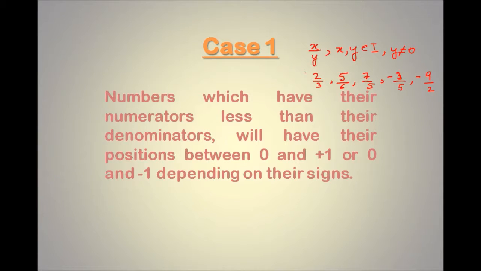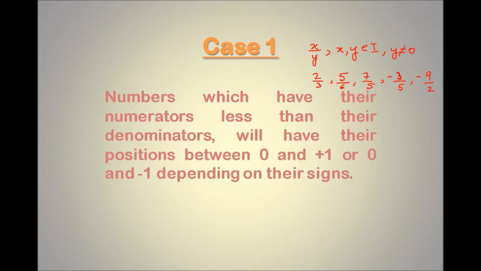Now, case 1. We are seeing that for the first number, 2 by 3, the numerator is less than the denominator. So in case 1 we will be dealing with the rational numbers which have their numerators lesser than their denominators.